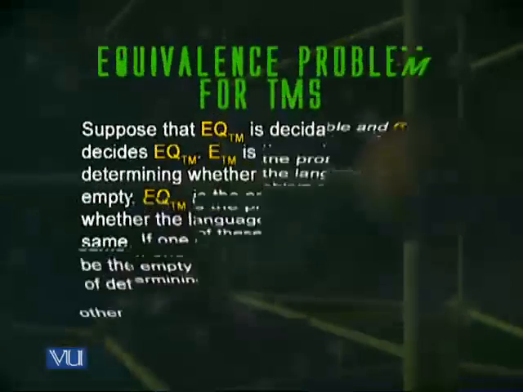So if the equality problem for Turing machines is decidable, that implies that the emptiness problem for Turing machines is also decidable. But we know that the emptiness problem is undecidable, therefore we will conclude that EQTM is also undecidable. Let's look at the proof.